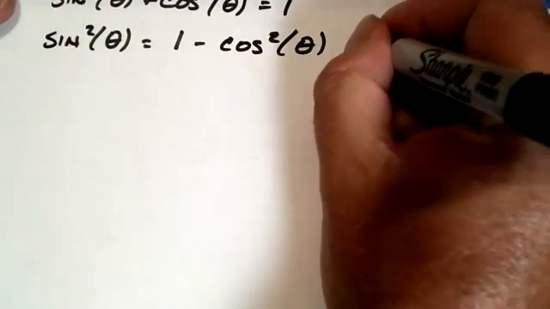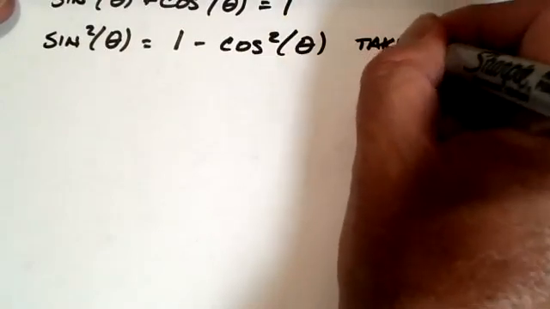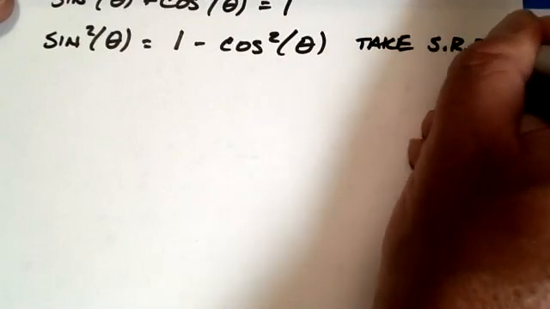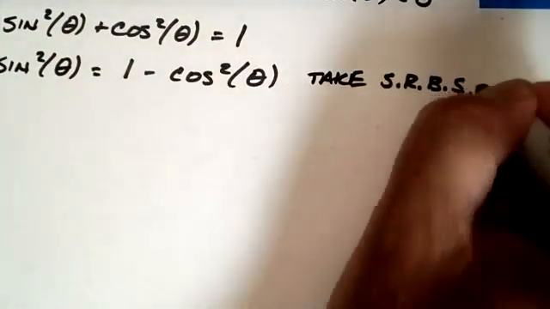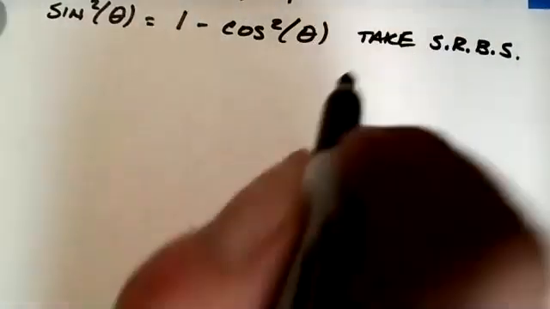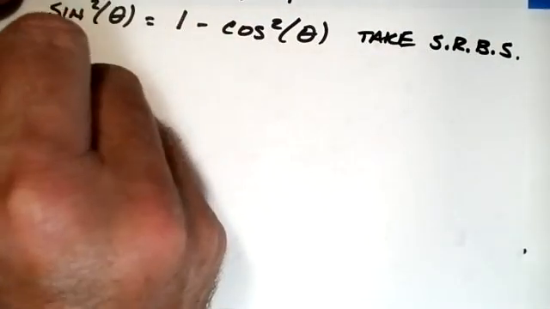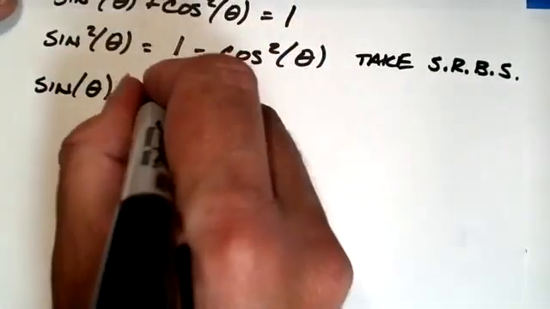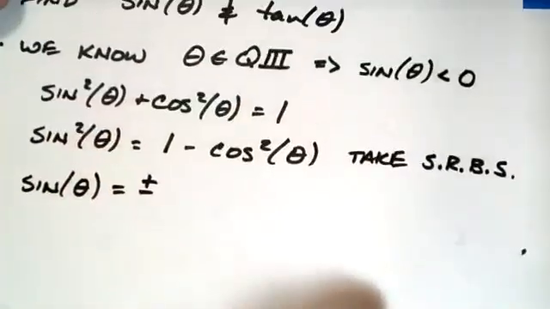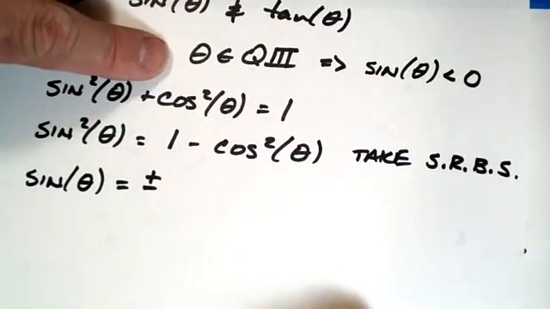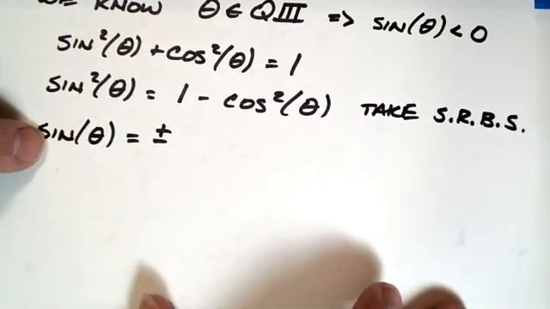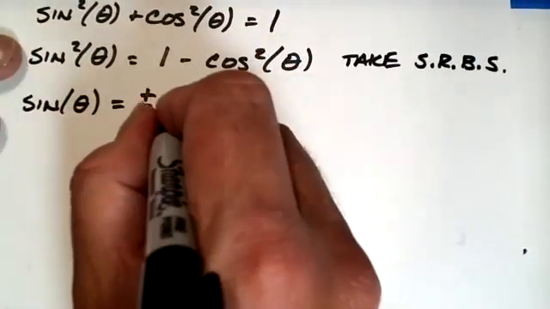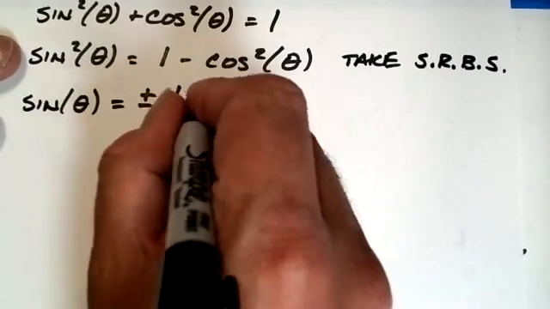Again, we're going to take the square root of both sides. So remember, it is going to be plus or minus. We'll know which one it is based on this, but algebraically speaking, if this is true, then you have to include this plus or minus to keep a true statement.